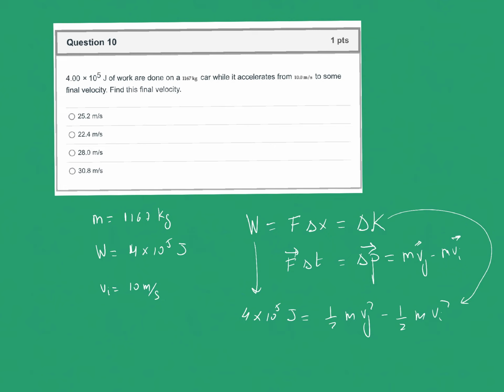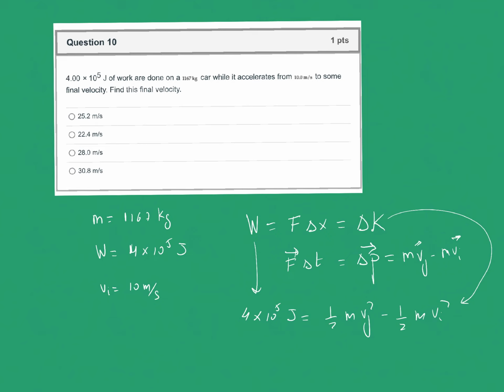So here the motion is in one dimension. We don't have to use vectors. It says that the amount of work that was done is this amount, 4 by 10 raised to the 5 joules. But the work is the change in the kinetic energy. We know the initial velocity.